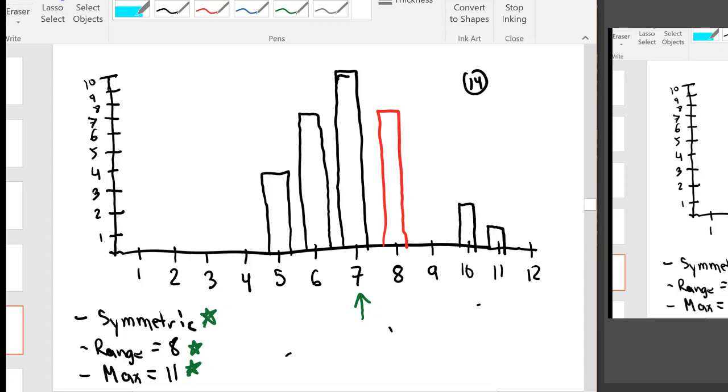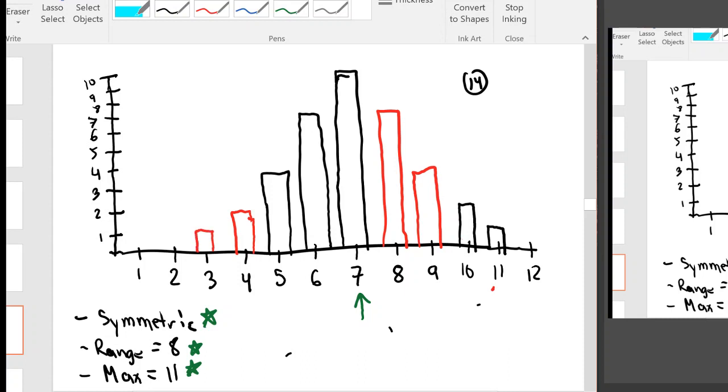At 9, it's going to be at 4. Right, so 10 corresponds with this 4 here, so that's going to be 2. And this 11 corresponds with this 3 here, it's going to be 1. Now I have a symmetric graph.